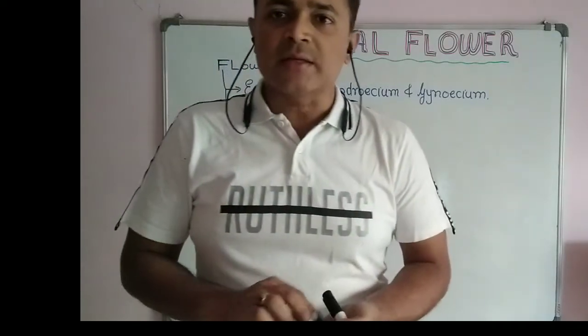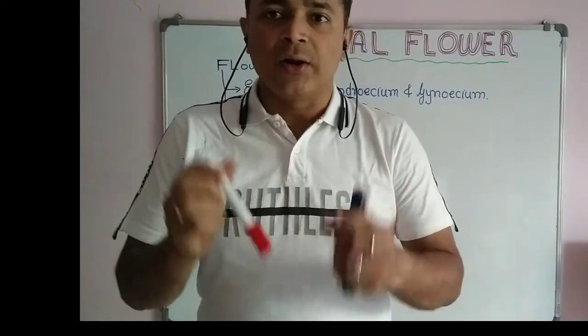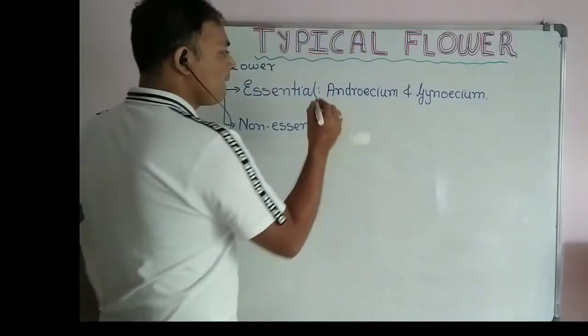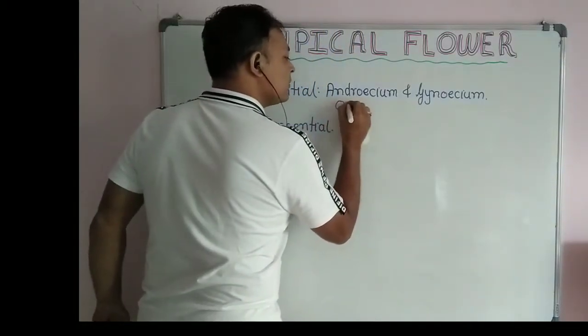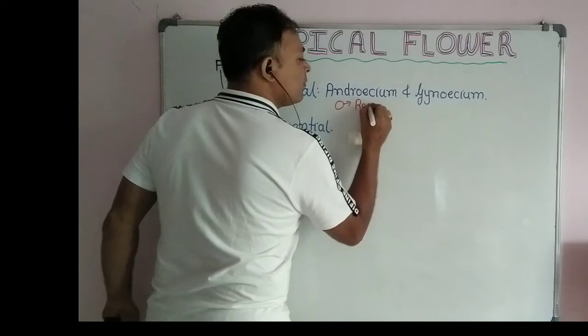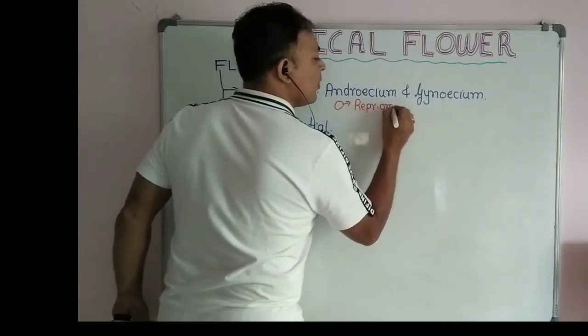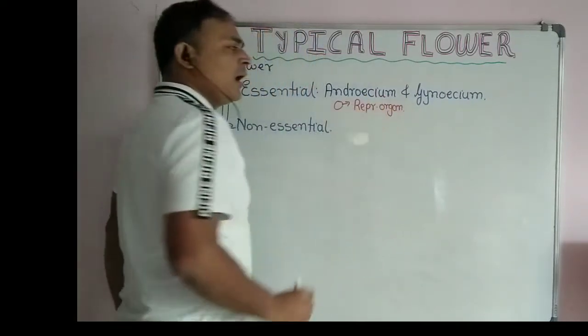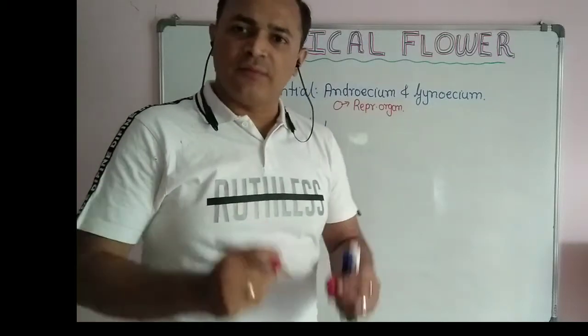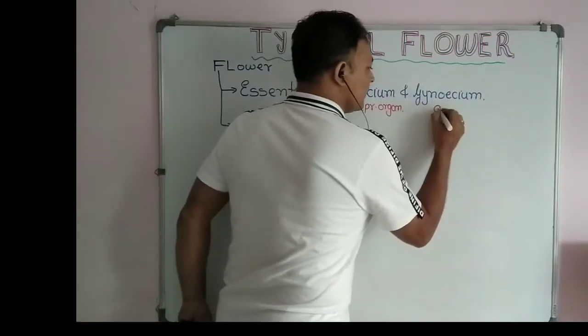Androecium is the male reproductive organ. And gynoecium is the female reproductive organ.